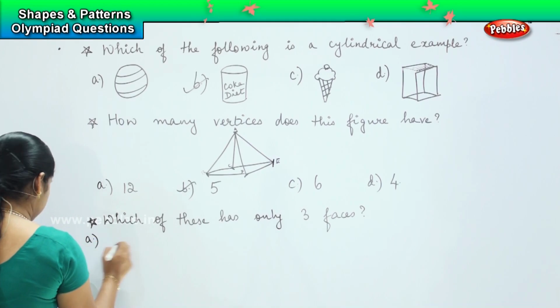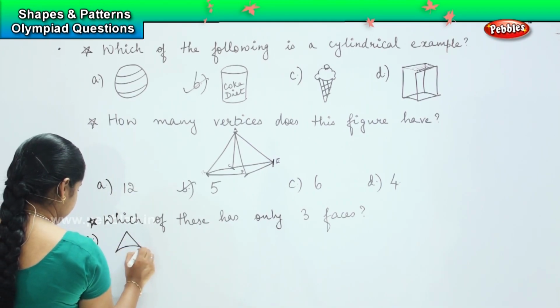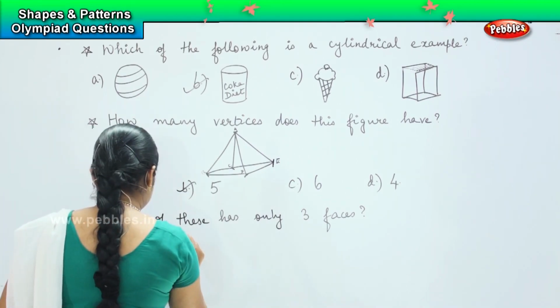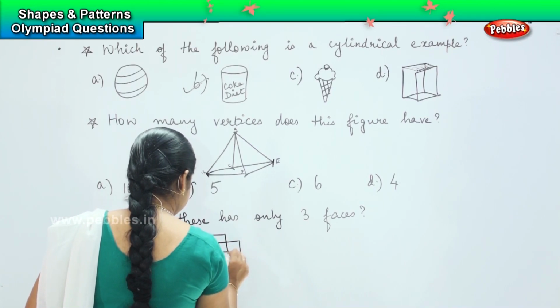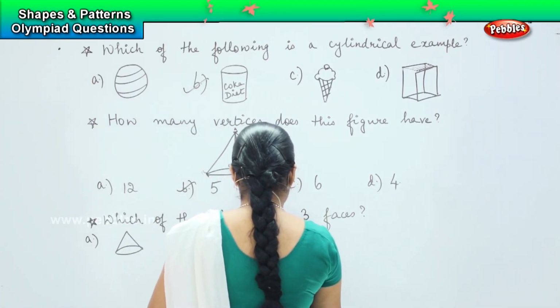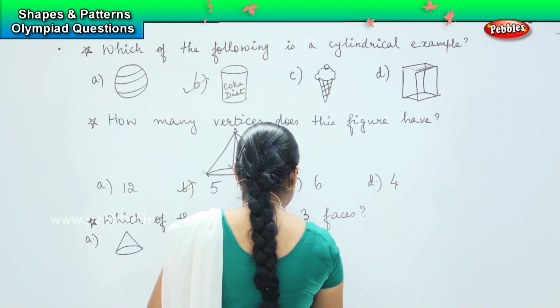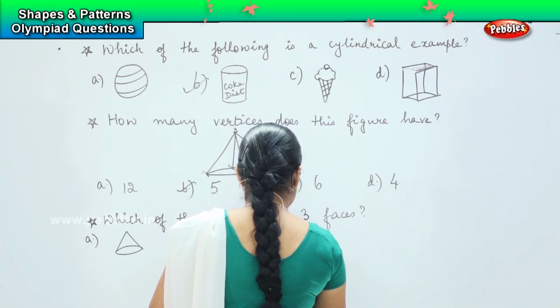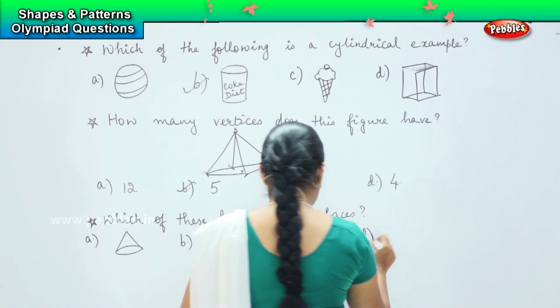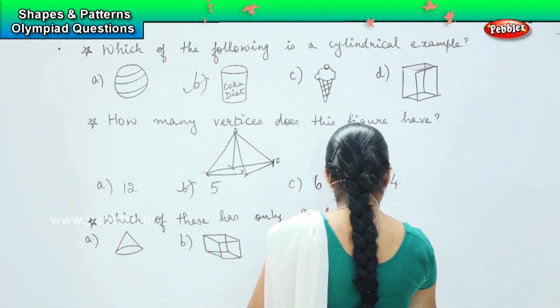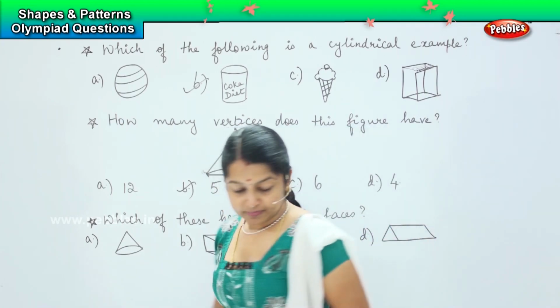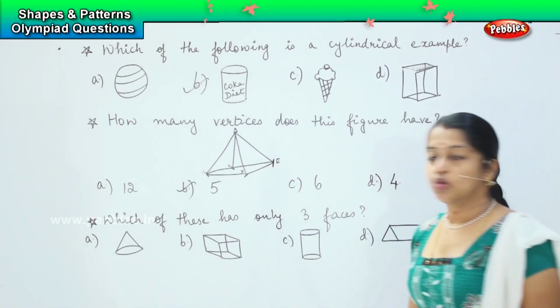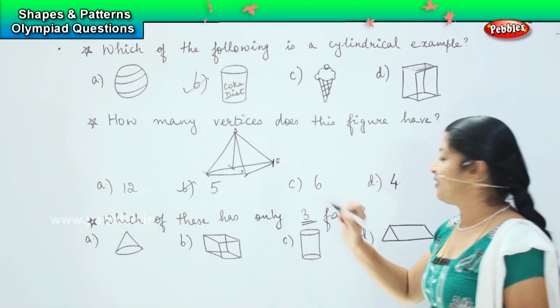And your options are A, option B, option C, and option D, okay. So which of these has got only 3 faces?